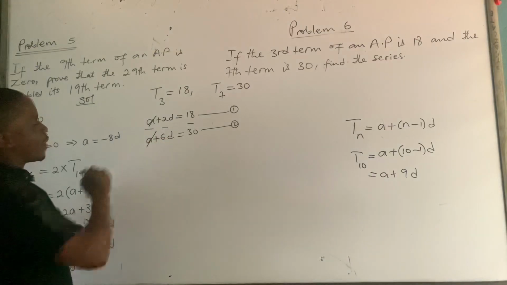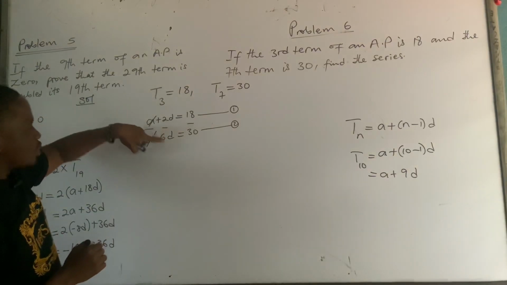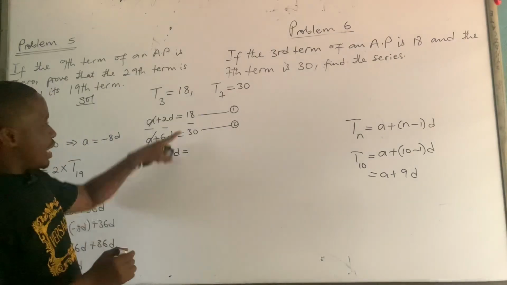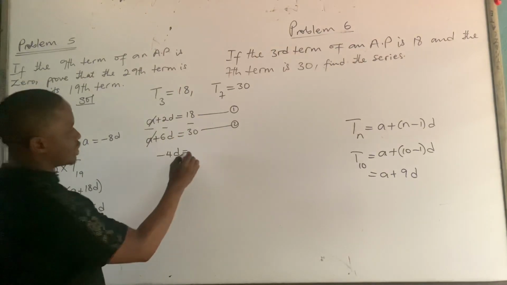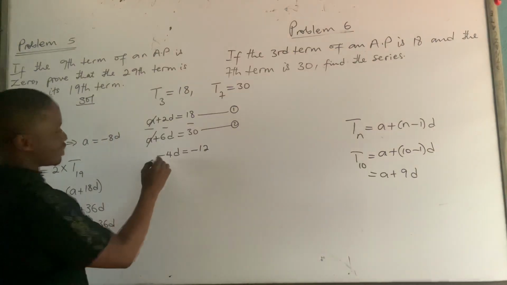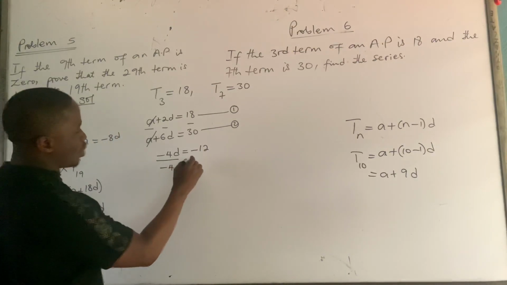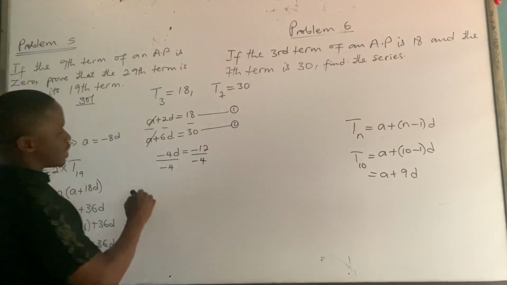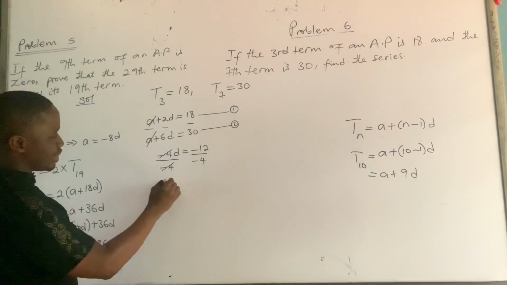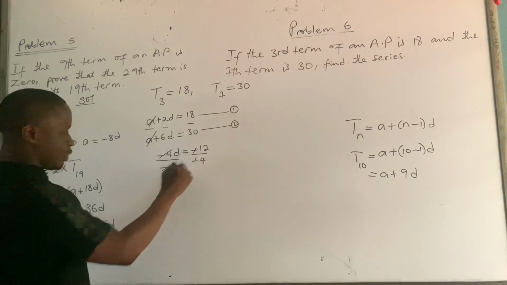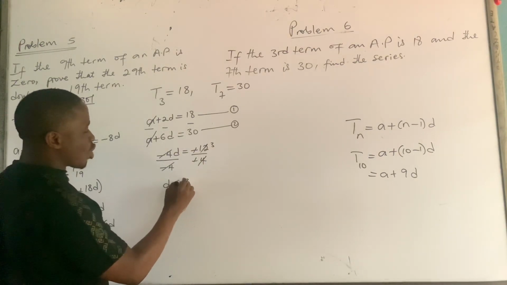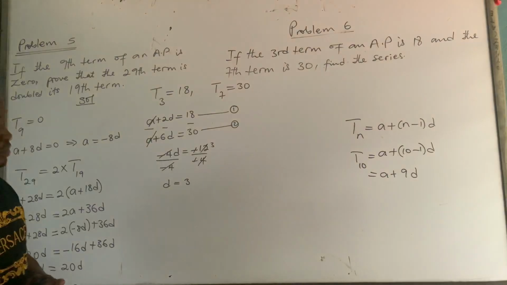These two can go. 2D minus 6D is minus 4D. 18 minus 30 is minus 12. We need D. Divide both sides by minus 4. So minus 4 takes away minus 4, leaving D. Minus goes away with minus. 4 into 12 is 3. So the common difference is 3.